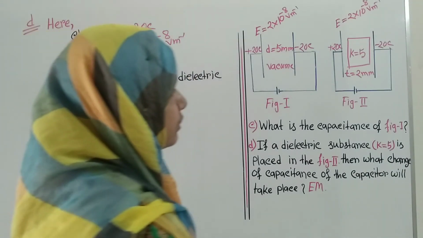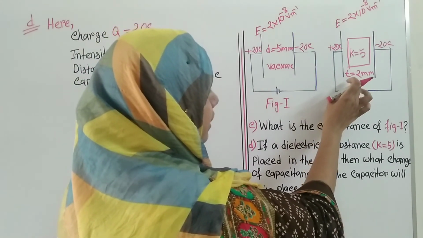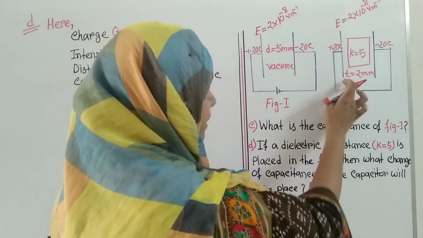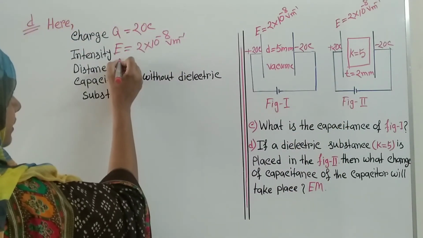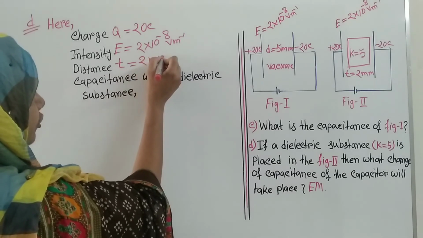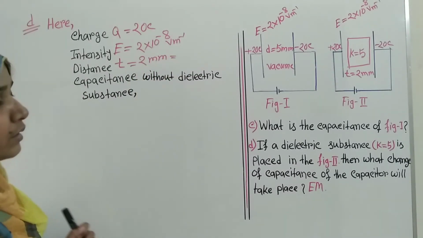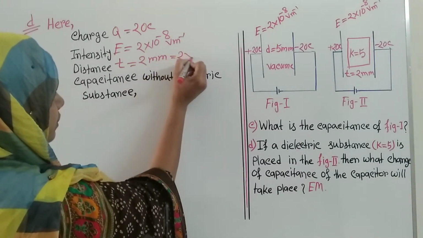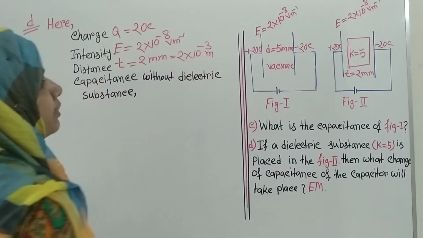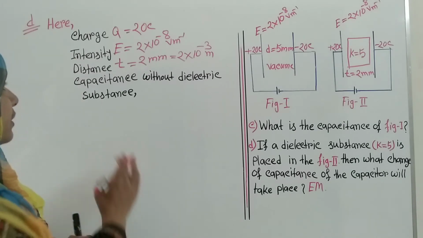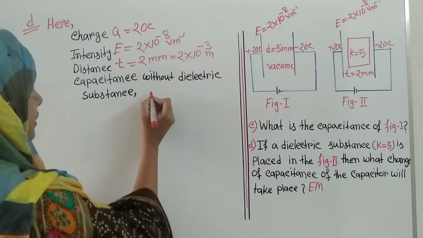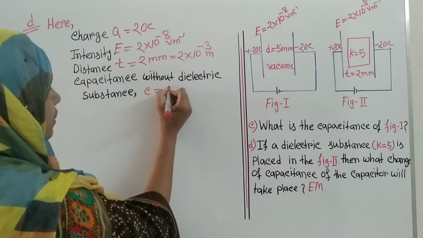In the figure 2, you can see that they denote distance by T. So we can write that the distance T is equal to 2 millimeter or 2 into 10 to the power minus 3 meter, and capacitance without dielectric substance C is equal to what?